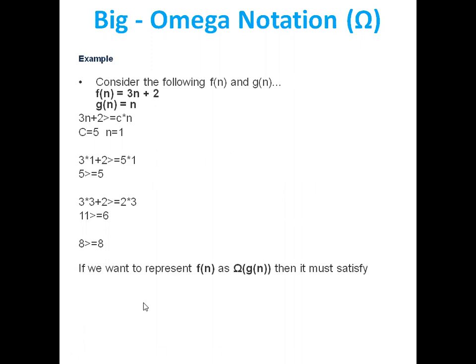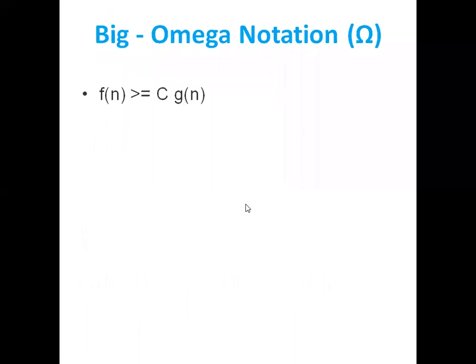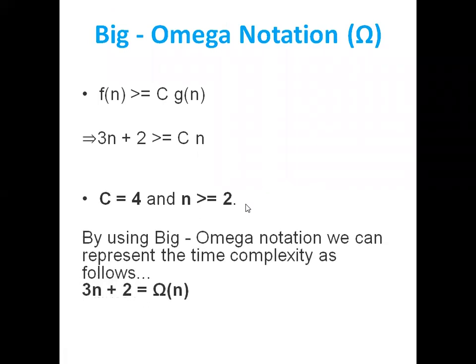That is, if we want to represent f of n as omega of g of n, then it must satisfy the equation that f of n is always greater than or equal to c into g of n, for positive values of c and for values of n greater than or equal to 1. Okay, this is the example.